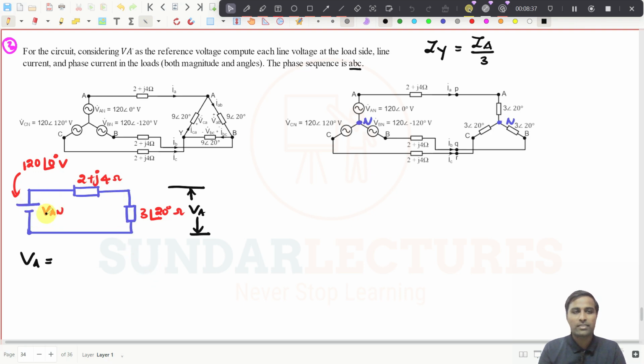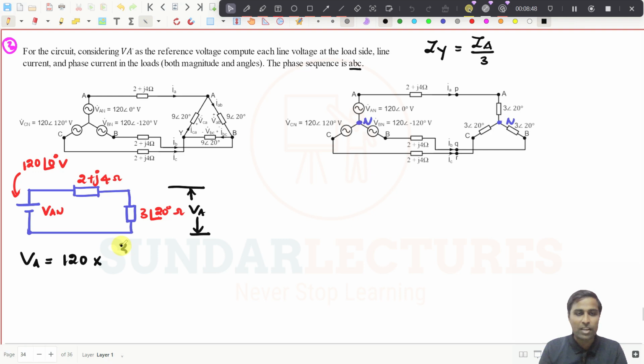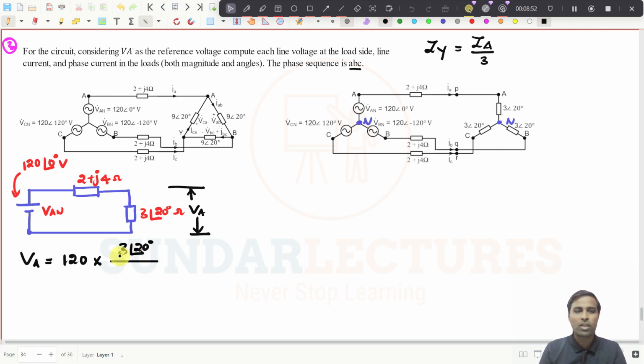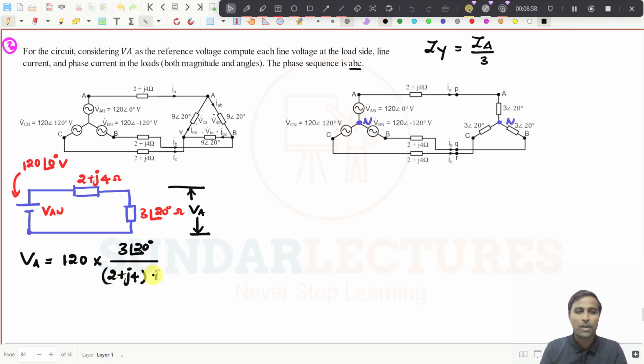Total voltage, 120 at an angle of 0, multiplied by that particular impedance, 3 at an angle of 20 degrees, divided by the total impedance, 2 plus j4 plus 3 at an angle of 20 degrees.